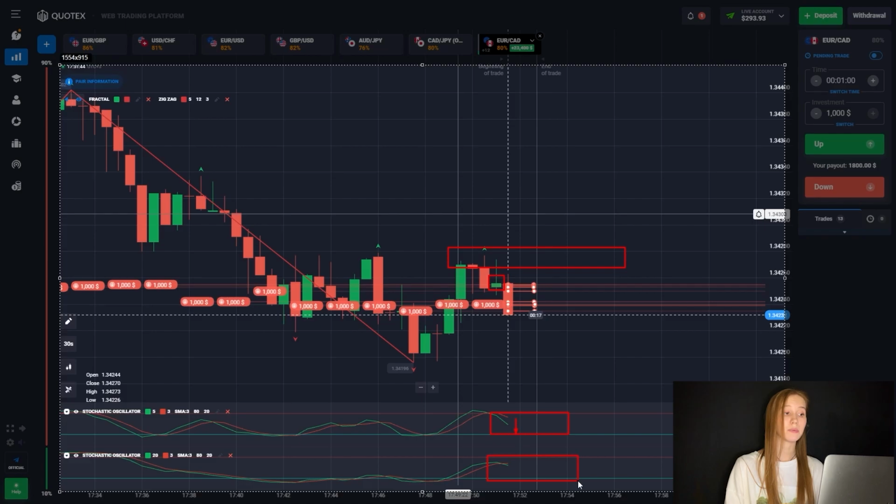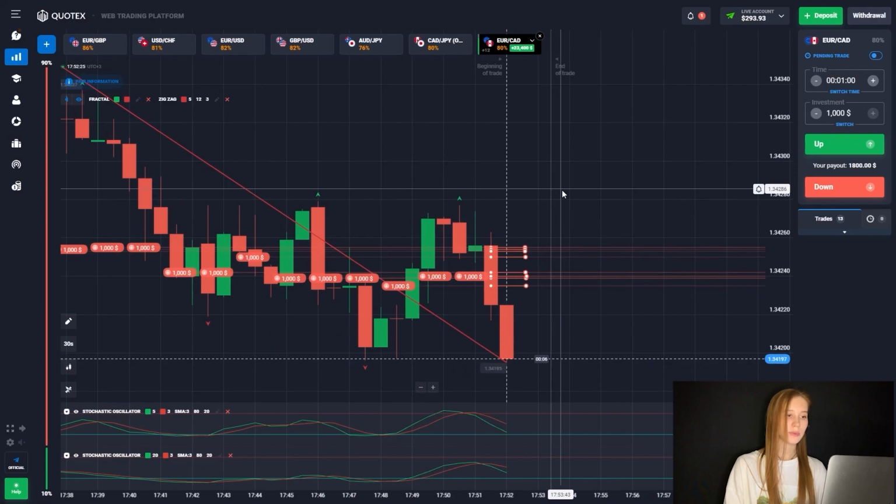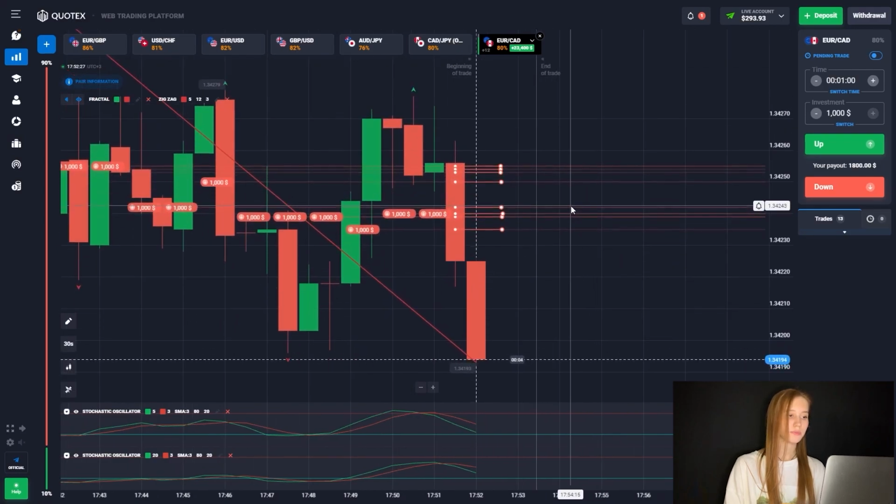Also mark a minimum zone for ourselves. And based on this, the movement should go down. We see a very strong down move.